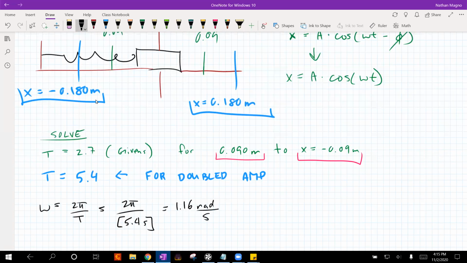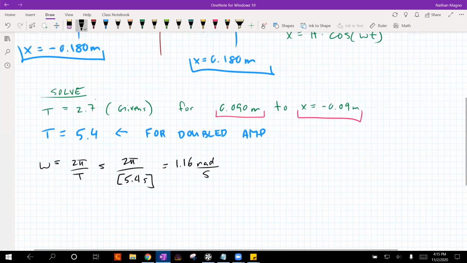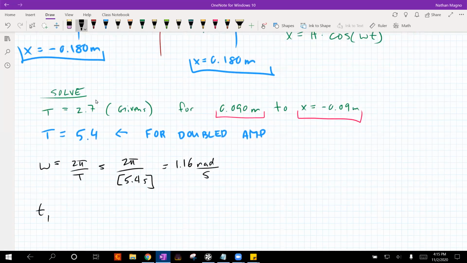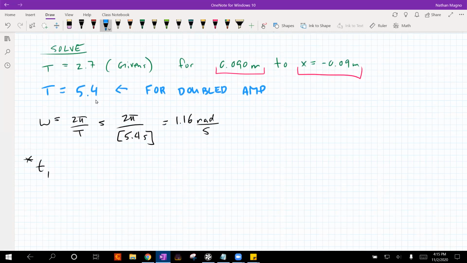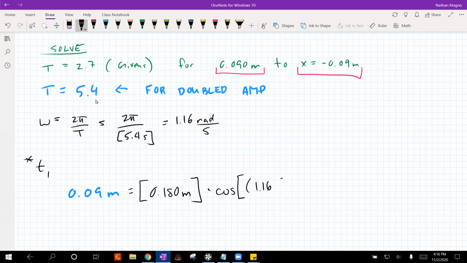So now we could use our simple harmonic displacement equation. So for T1, we're paying attention to the 0.09 meter distance, but we know our amplitude is doubled. So we're going to use the 0.18 meter amplitude times cosine omega t. We just found omega to be 1.16 radians per second.